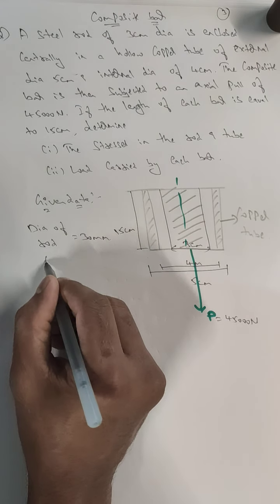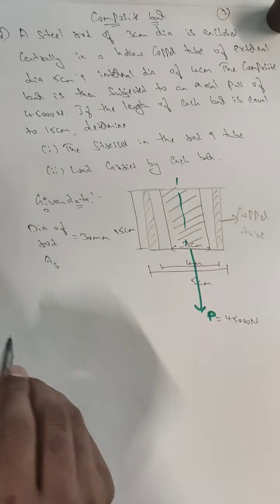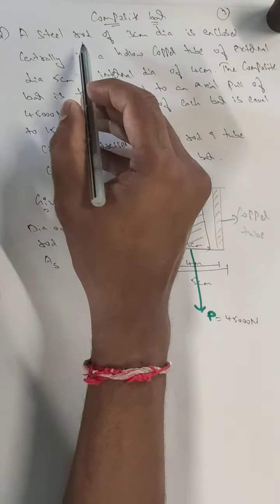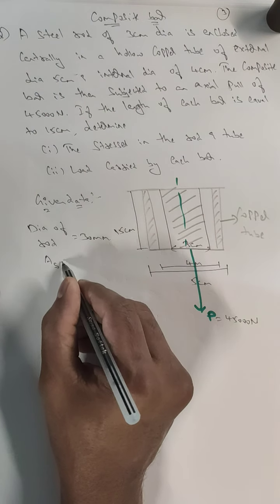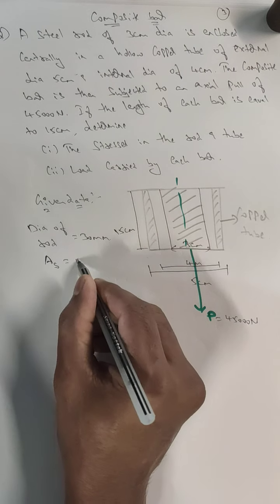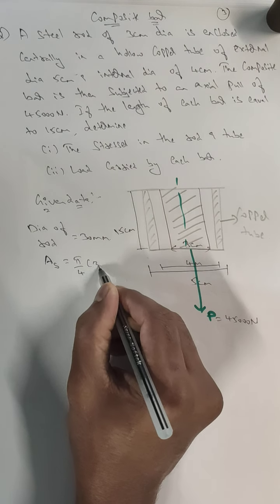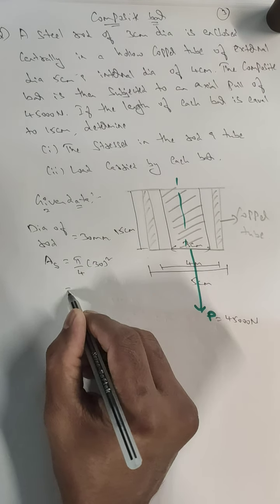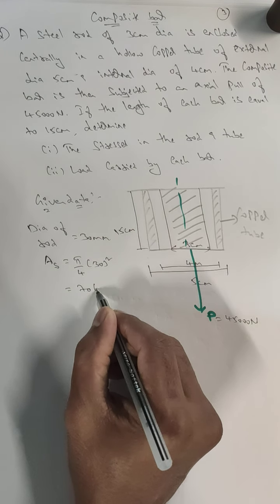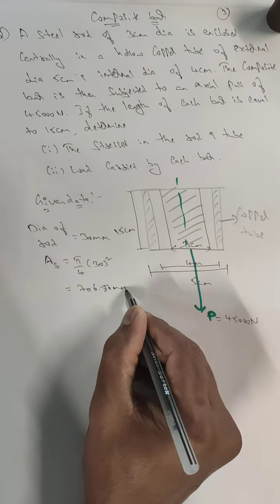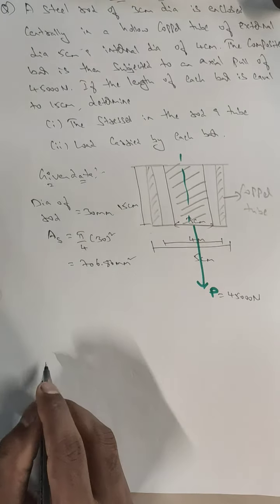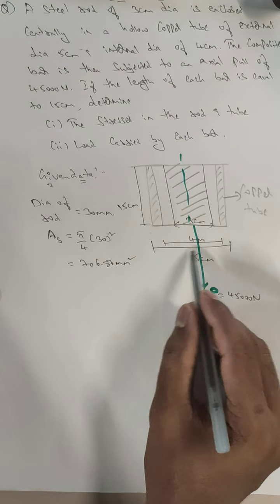Then I can calculate the area of the steel rod. A_S, area of steel rod, equals pi by 4 into d square, 30 square, which gives 706.86 mm square.